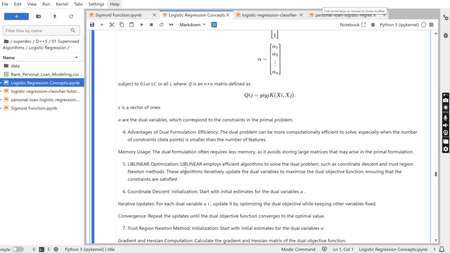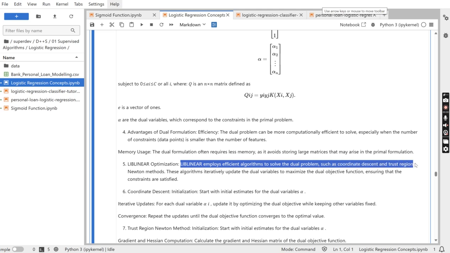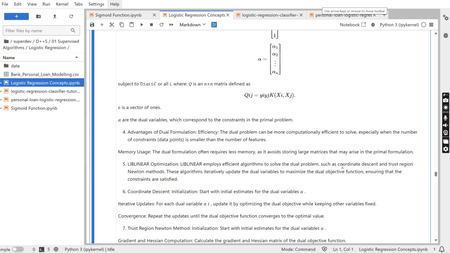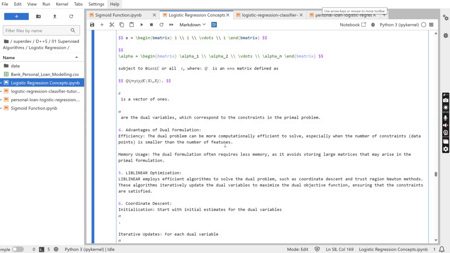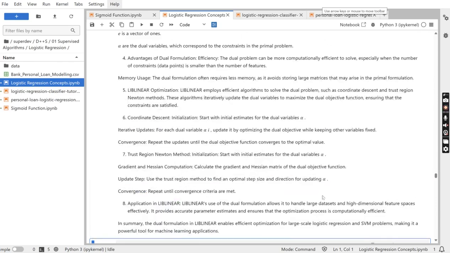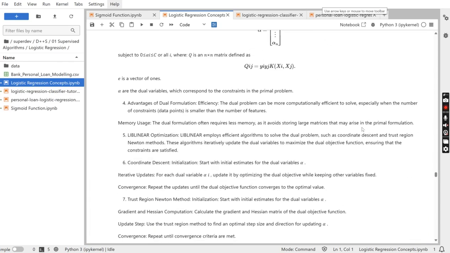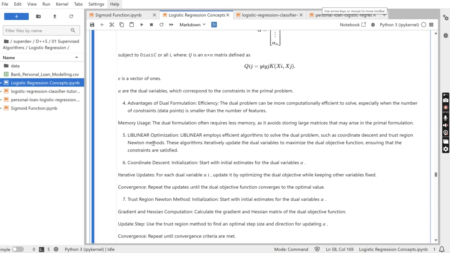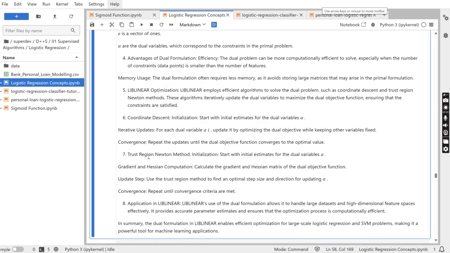One more thing I forgot to tell you is that it basically uses two things: coordinate descent and trust region. The primary one is coordinate descent. If it is unable to solve the problem using coordinate descent, it will make use of the Newton method. It keeps switching between the two. So that much you remember for now.